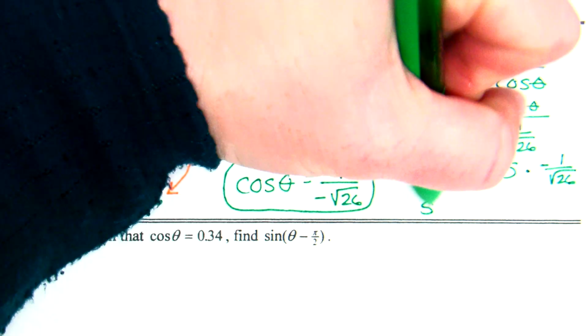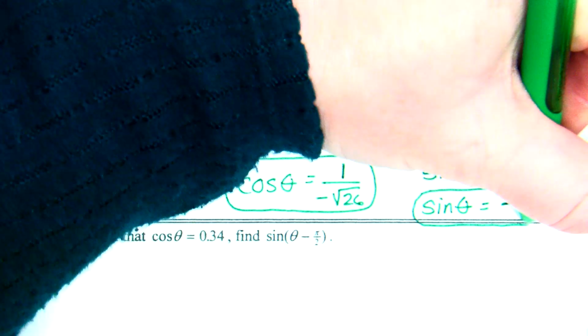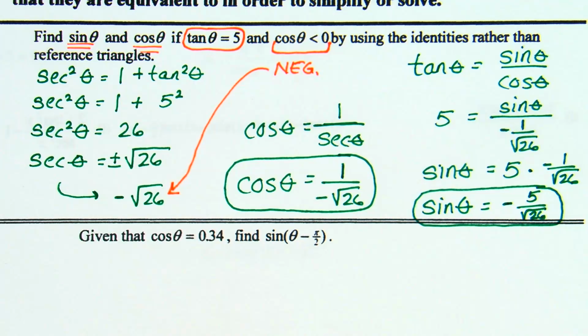Which, what is 5 times -1 over square root of 26? -5 over square root of 26. And I'm not saying your decimal wasn't equivalent, because I have no idea what the decimal is here. But I was going to go with the fraction. Now, if you did it the other way and you had square root of 25 over 26, realize the square root of 25 is 5, right?